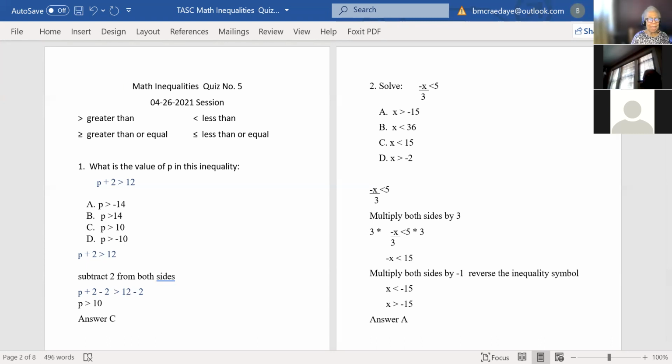Okay, so the answer is A. We reverse the symbol from less than to greater than, so X is greater than -15, which is answer A.